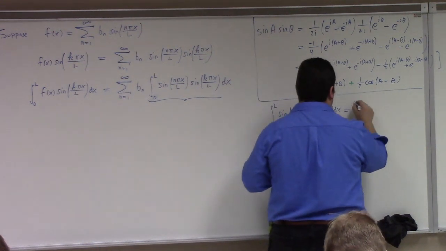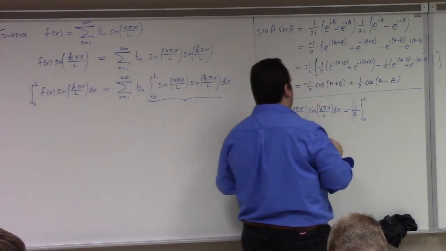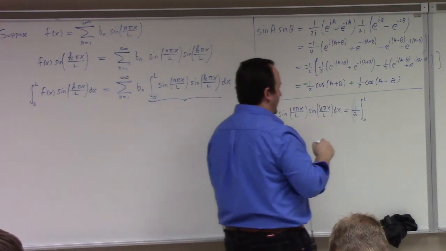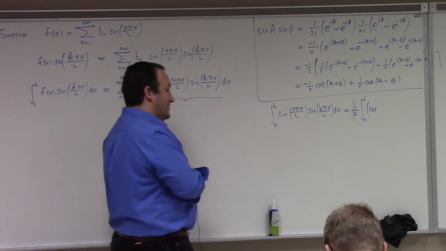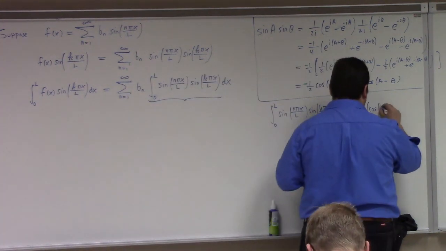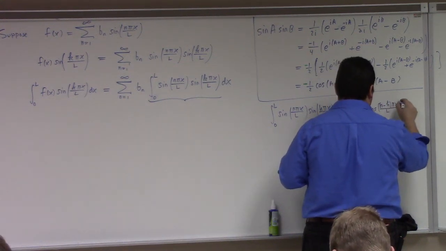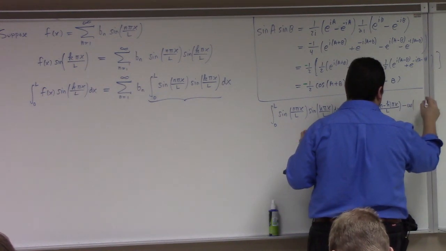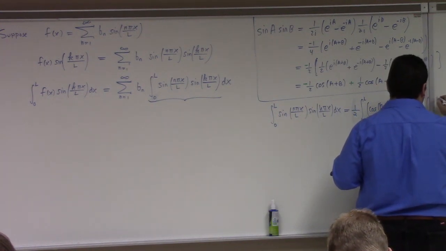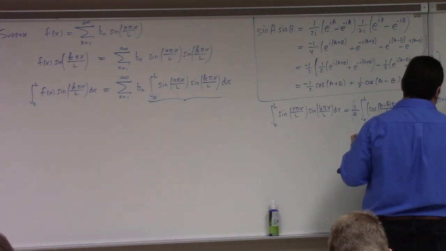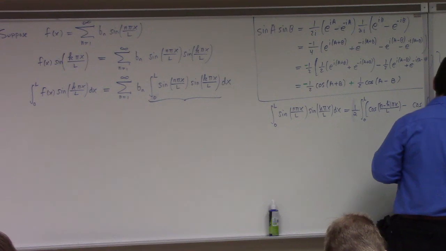It's actually equal to 1/2, the integral from 0 to L, I pulled the half out here, of a cosine of n minus k times pi x over L, minus the cosine of n plus k times pi x over L, dx, right?